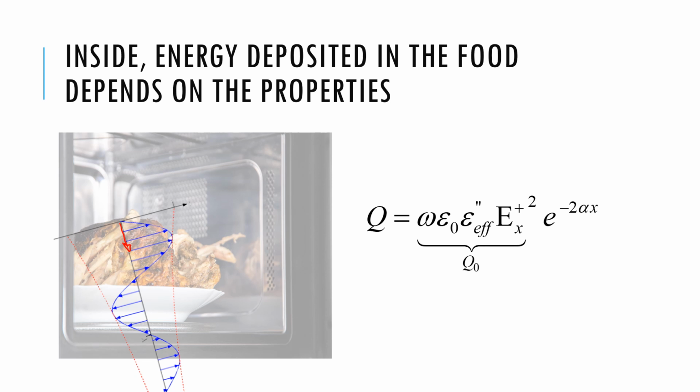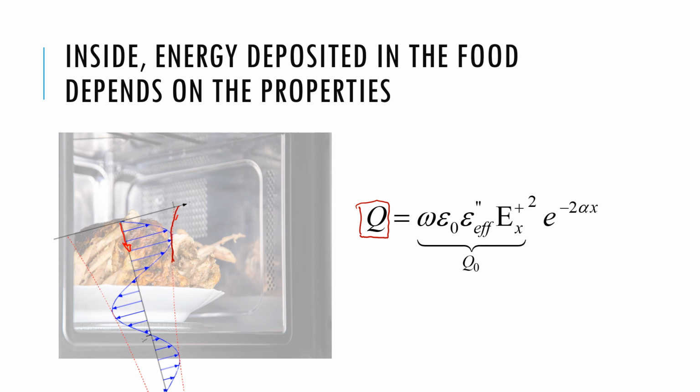So the formula you're seeing is not for the oven, but for that semi-infinite or very thick region. For that, the electric field magnitude decays this way as it enters the food, and from that exponential decay of the electric field, we can write the heat generation term this way.